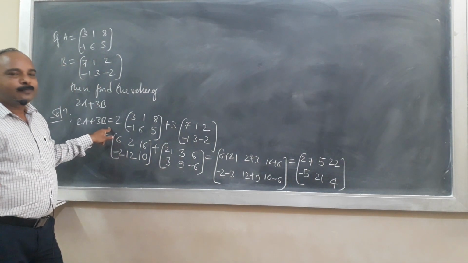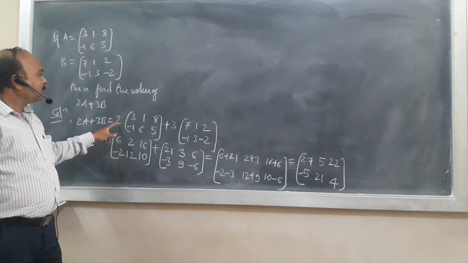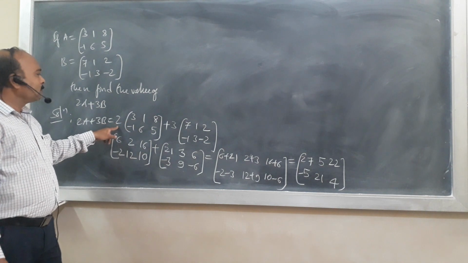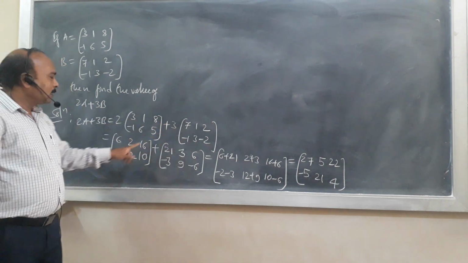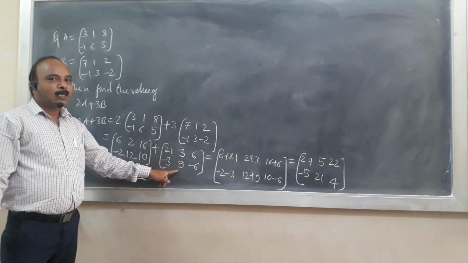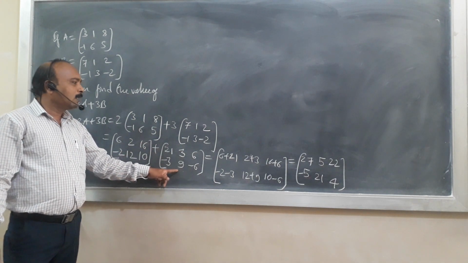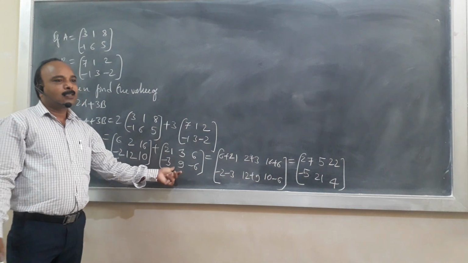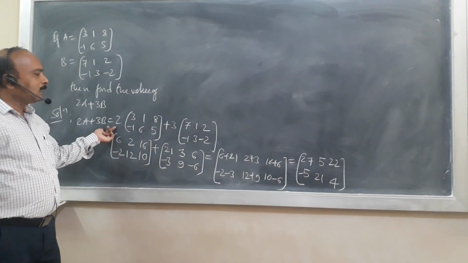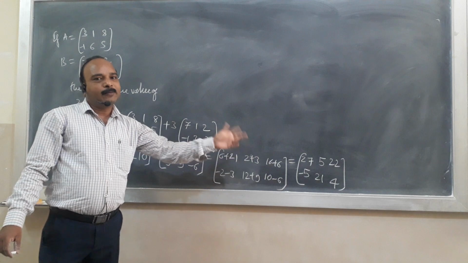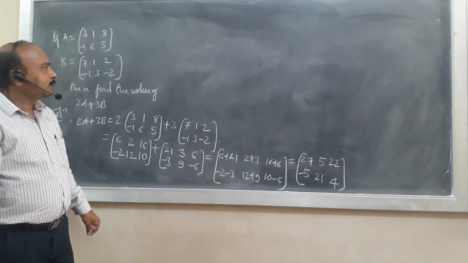For doing this, we multiplied matrix A with 2 and matrix B with 3. Then we get 2 new matrices by scalar multiplication. After that, we can add the 2 matrices, that is 2A with 3B. Then we get the required matrix. That is the answer for this one.